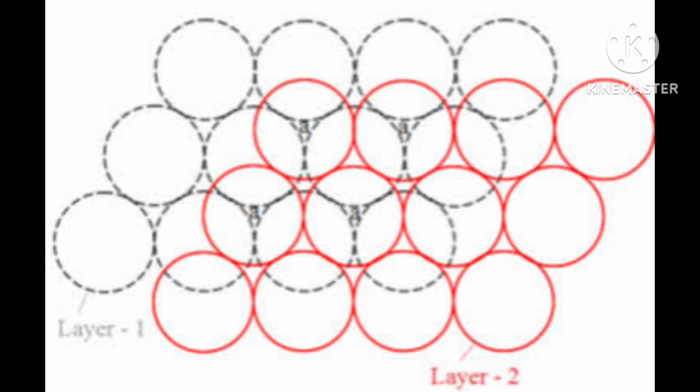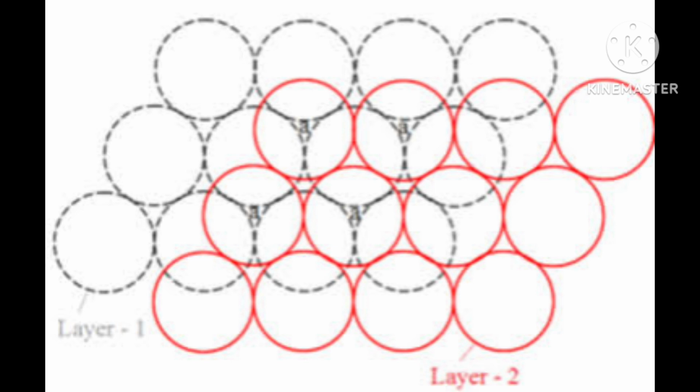Then in the middle the gap is there. That gap is called a hole, an octahedral hole. Octahedral hole. Okay. Then you can just imagine 3 spheres down and 3 just above it.